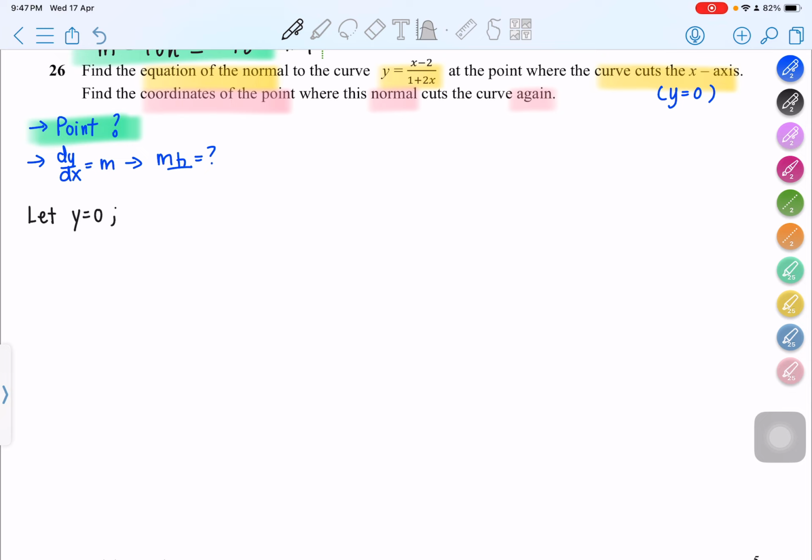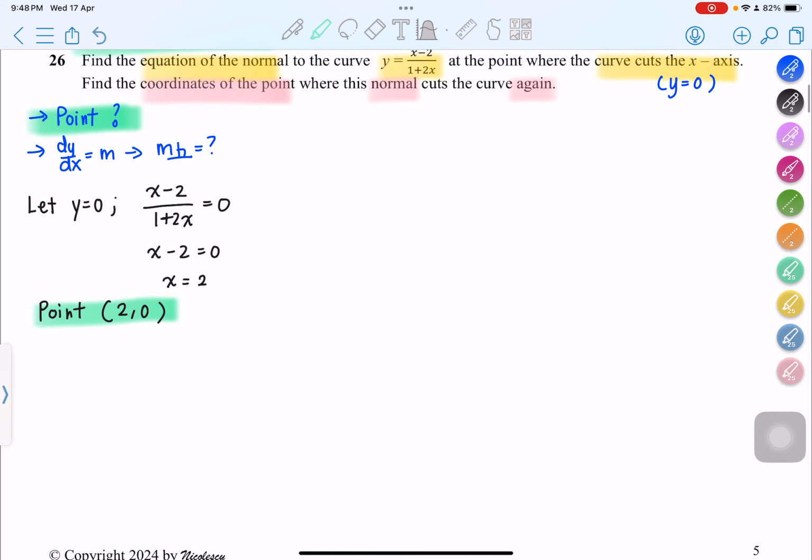The curve becomes (x minus 2) over (1 plus 2x) equals 0. Basically, x minus 2 equals 0, so x equals 2. So I find my point, which is (2, 0). Okay, done with the first part.